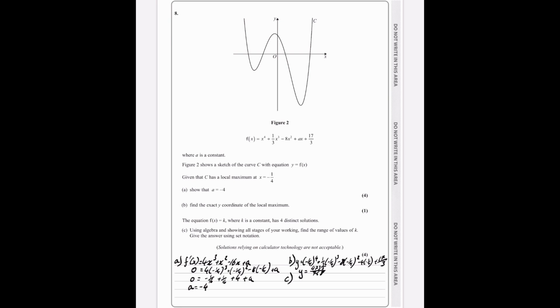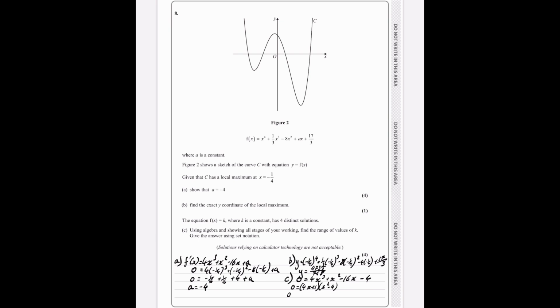For part C, essentially we're working out the range of values of a straight line y equals something, essentially a horizontal line that crosses our curve at 4 separate points. So if we can find the y-coordinates of the maximum and the minimum, those are the two on the left, that will do it.